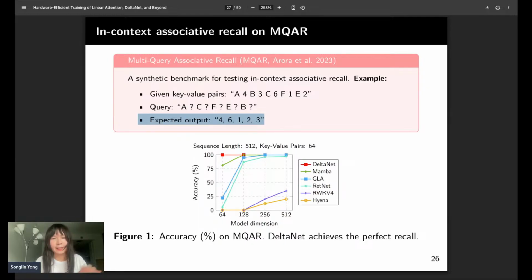We also discussed before that when the model dimension is small, the model can only have a small number of orthogonal key vectors in that vector space, and this is where the model can have a larger retrieval error. But Delta Net has a better memory management mechanism, allowing it to have perfect performance even when the model dimension is small.